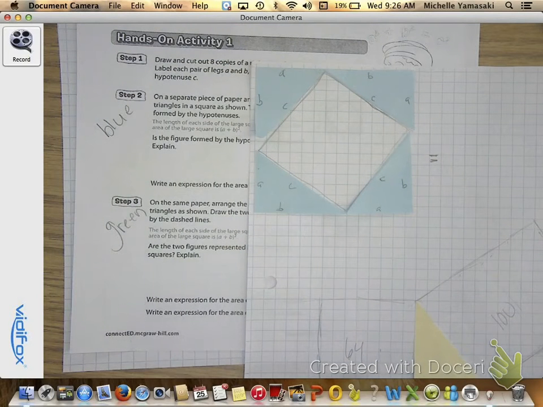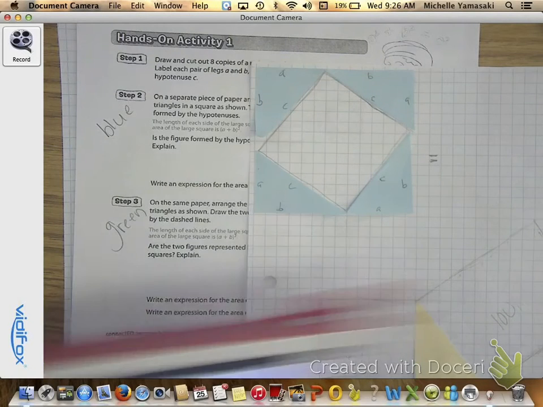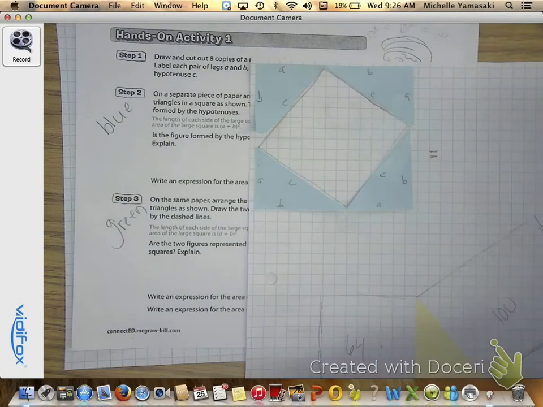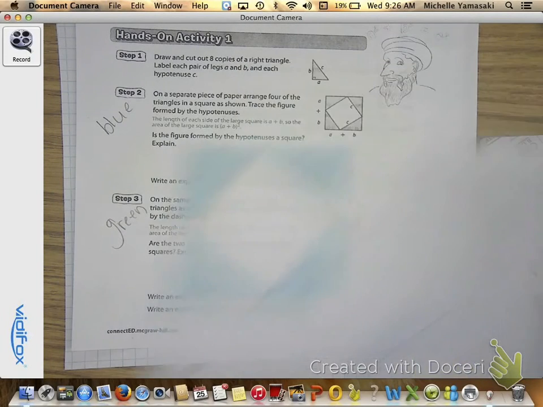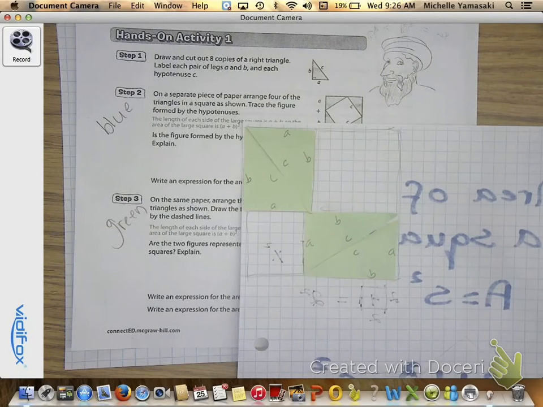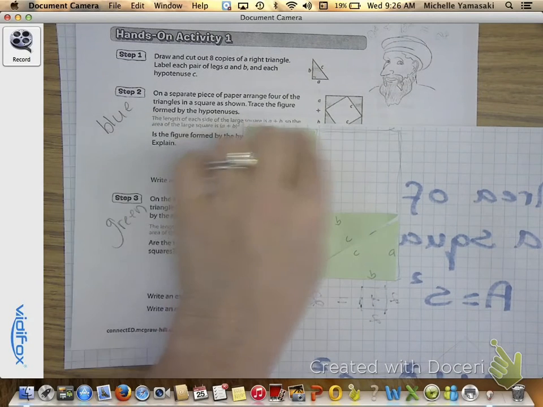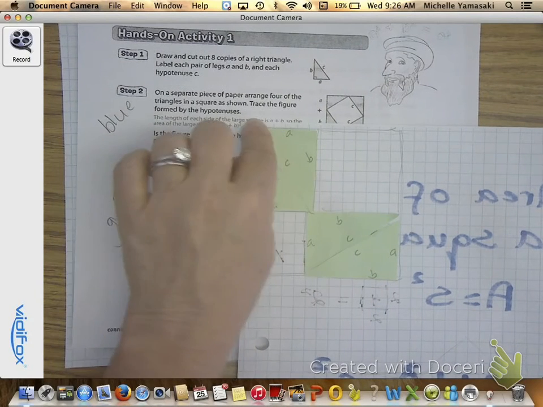If you have the green Post-it, then you are going to set it up like this, where you are taking your 2 triangles and arranging them where A is set up here, B is here, and A is here. So you're doing A over here and B here.